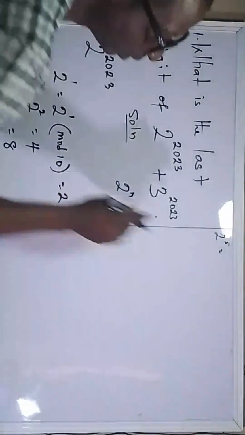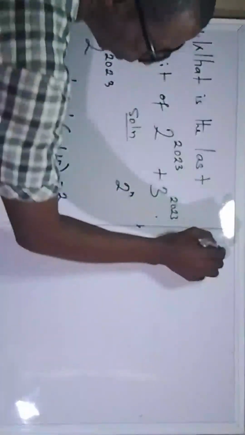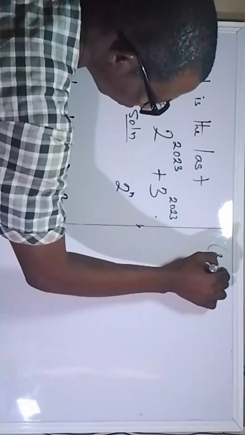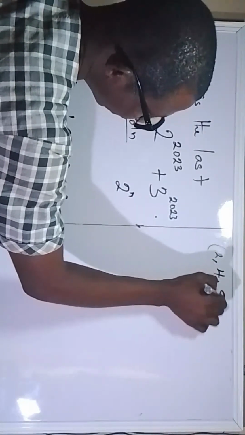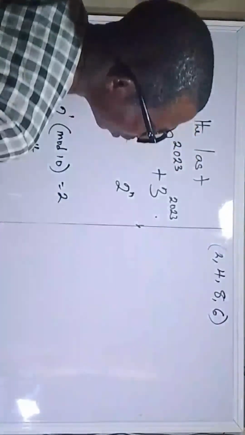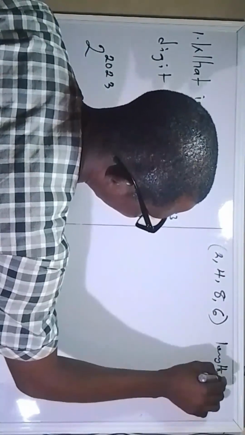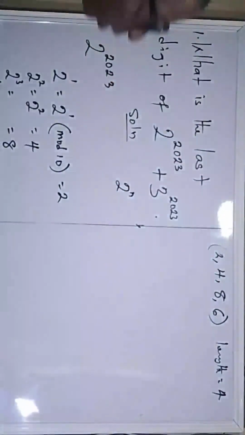Okay, so this is a cycle. So we have 2, 4, 8, and 6. So the length of this cycle of last digits is 4. Okay.